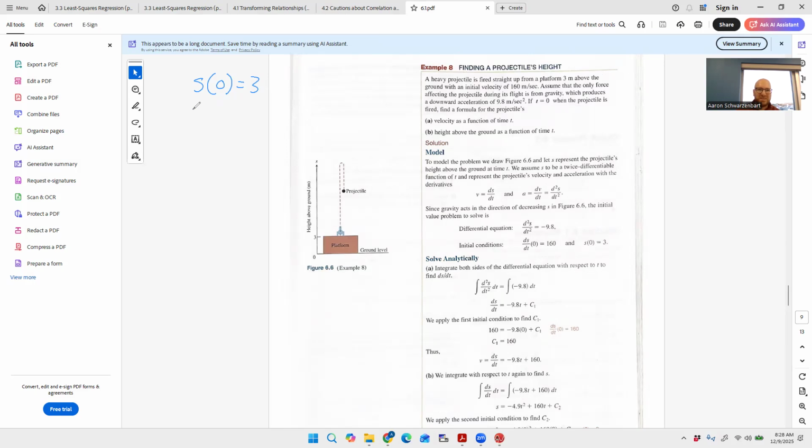The initial velocity is 160 meters per second. We know the downward acceleration is, actually, it's just negative 9.8. So acceleration is downward, so it's negative 9.8.